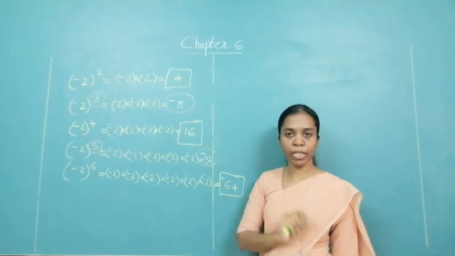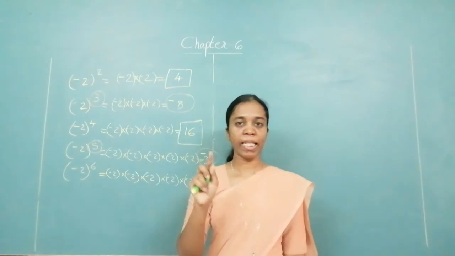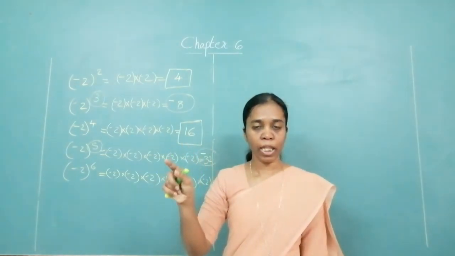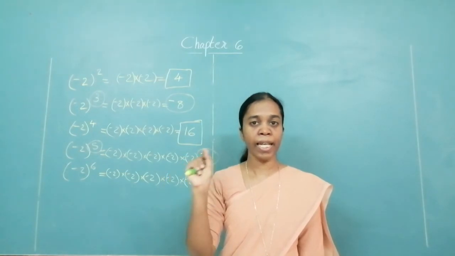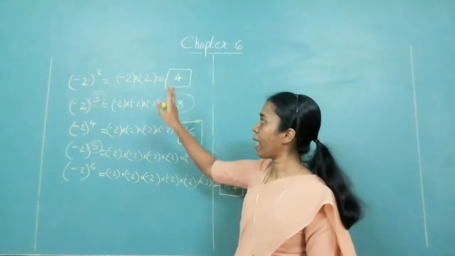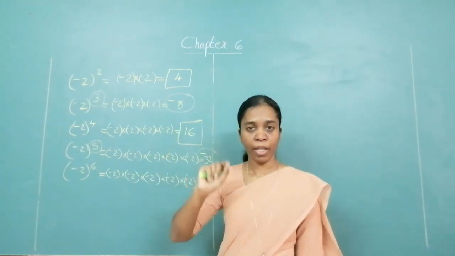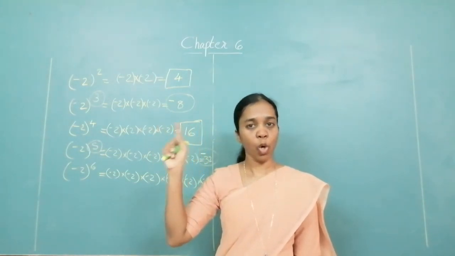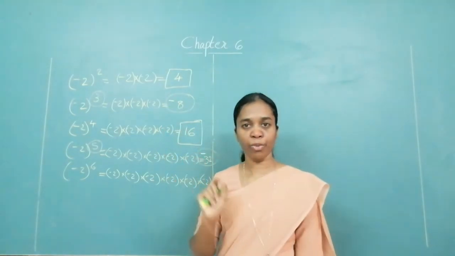The value is negative. So this you keep in mind. If the index is even, the value is positive. If the index is odd, then the value is a negative number.